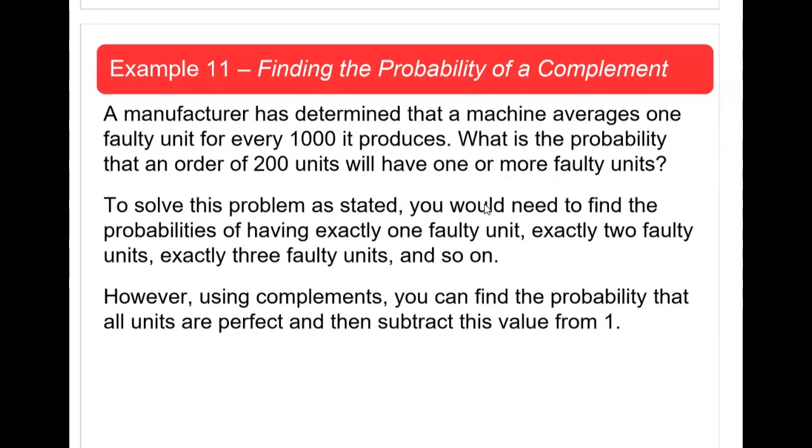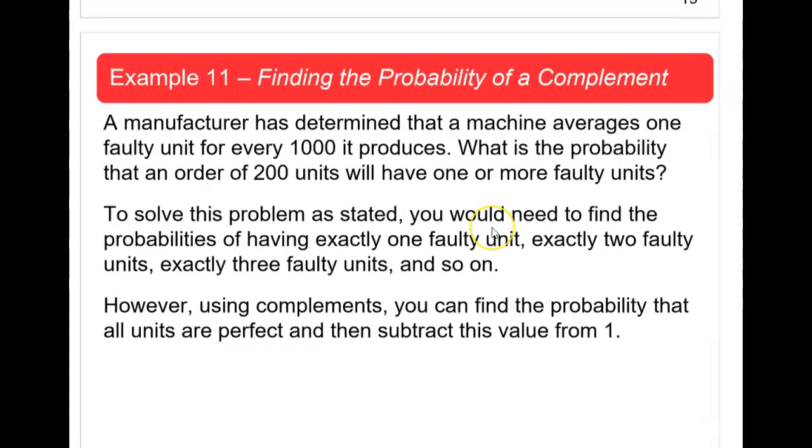So we have example 11, and it says a manufacturer has determined that a machine averages 1 faulty unit for every 1,000 it produces. So one unit for every 1,000. What is the probability that an order of 200 units will have 1 or more faulty units?